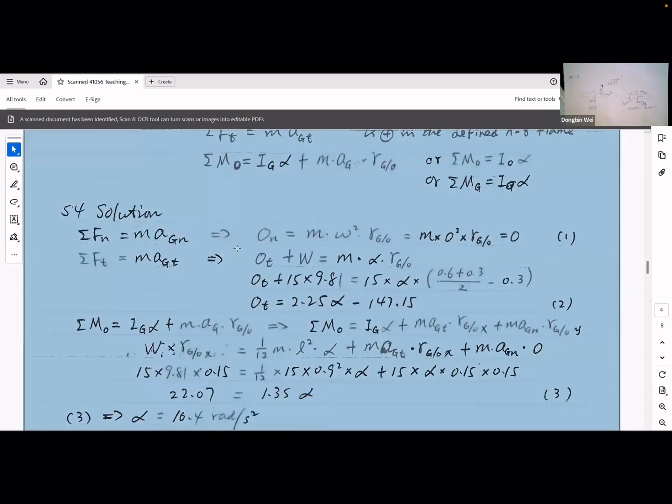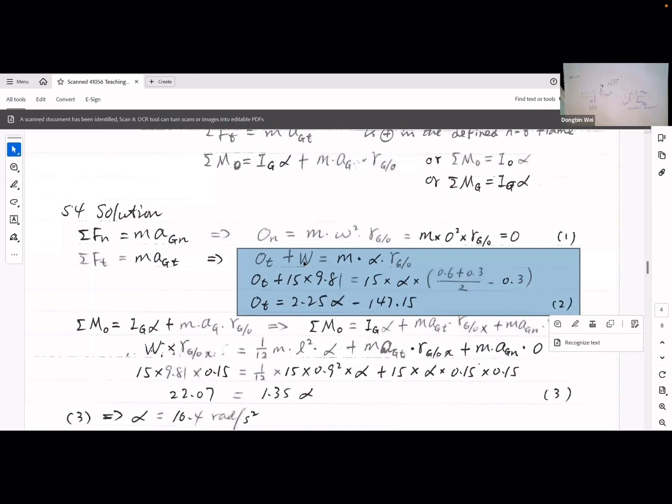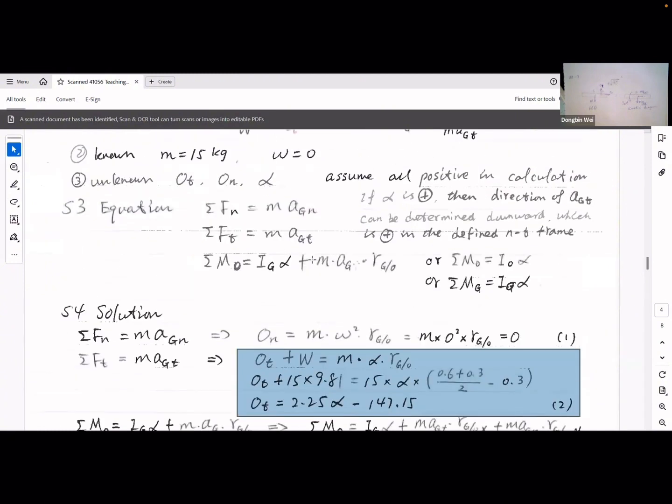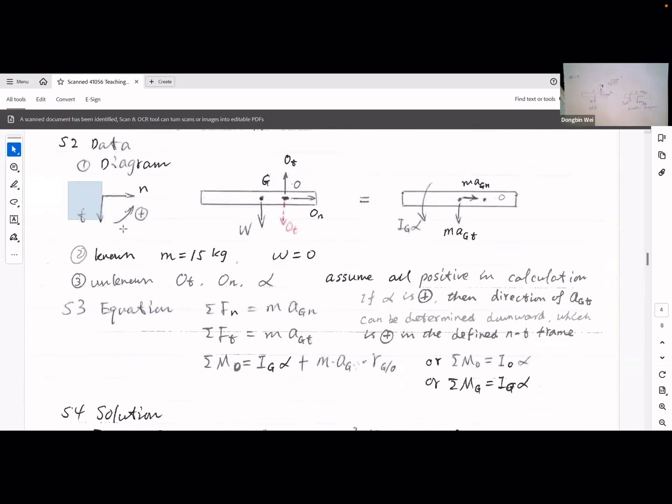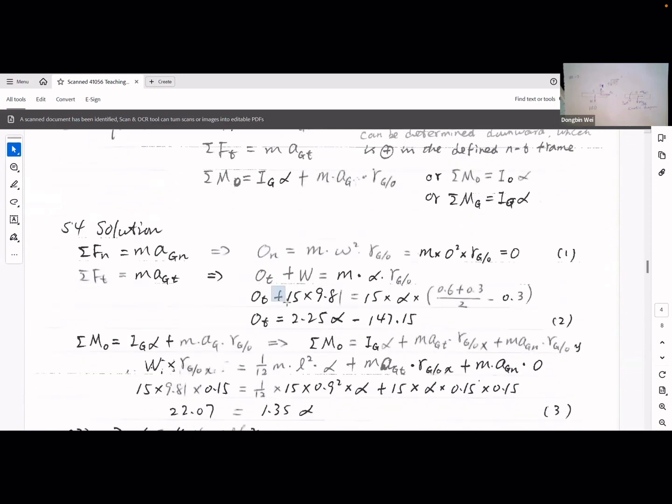Along tangential direction, we have OT and W. Okay, we assume OT positive and W downward according to this coordinate system. It should be positive. So we have our second equation.